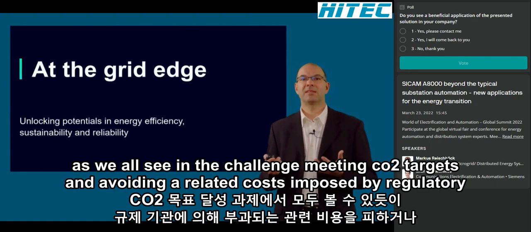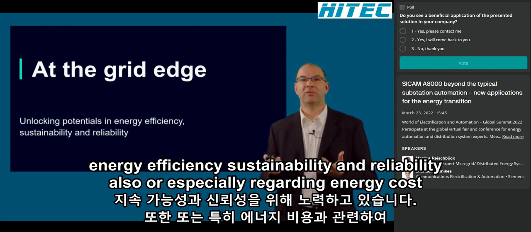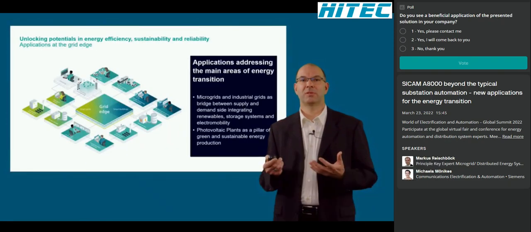As we all see in the challenge of meeting CO2 targets and avoiding related costs imposed by regulatory bodies, laws, or resulting energy price development, most energy consumers are striving for better energy efficiency, sustainability, and reliability. Also, or especially, regarding energy cost.